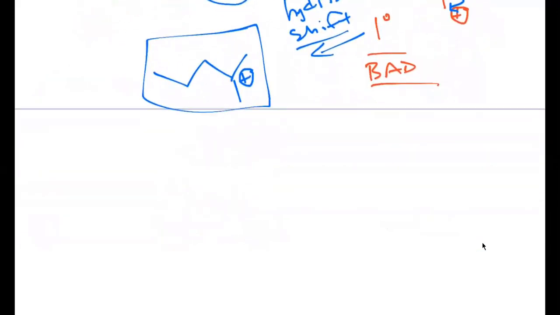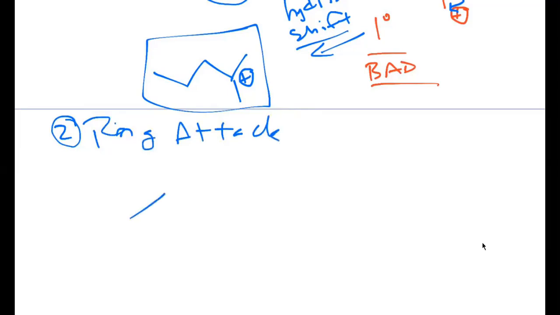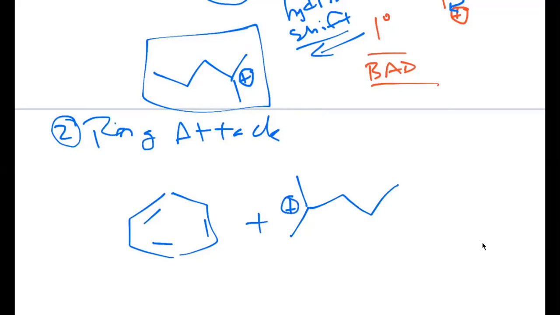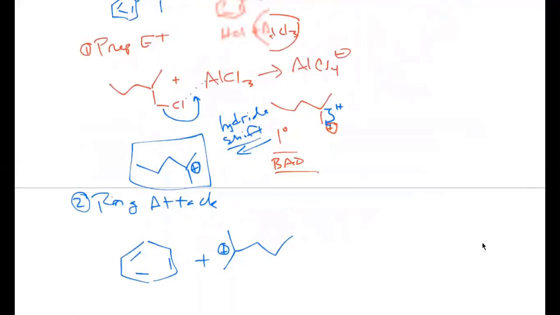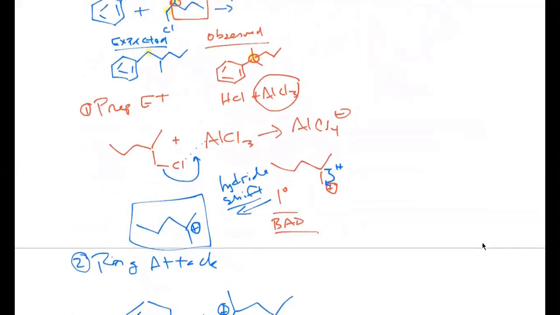So now what happens in the second step? It gets attacked. The ring is going to attack. Right, so here's my ring. I'm going to keep that the same. And now here's my cation. Can you see it now? Like we have it drawn up there, up top. Is it making more sense now?